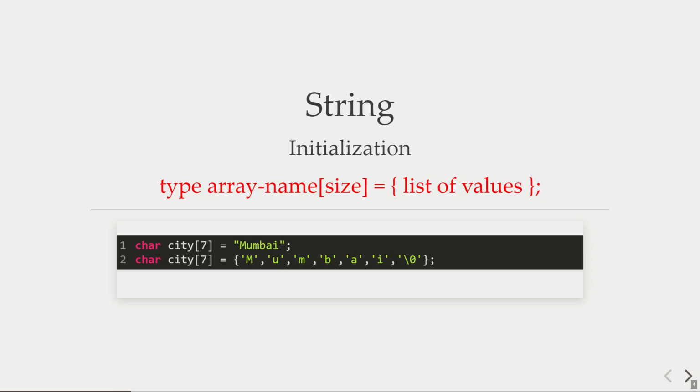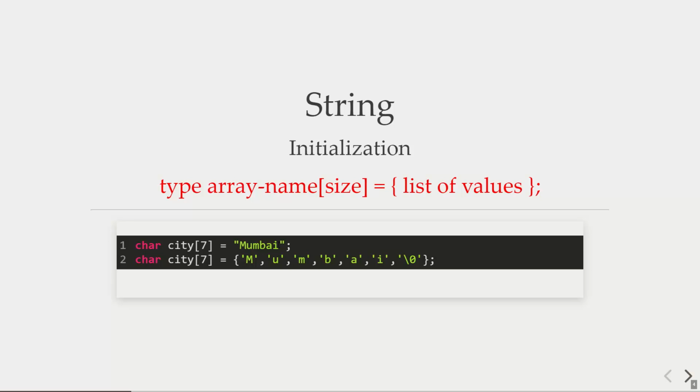So these two are exactly the same, and the only difference is that in the second type, you have to add the \0 by yourself, and when you use double quotes, that is added automatically by the compiler. Now, what is this \0?